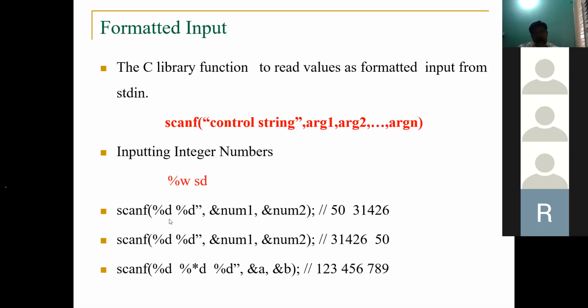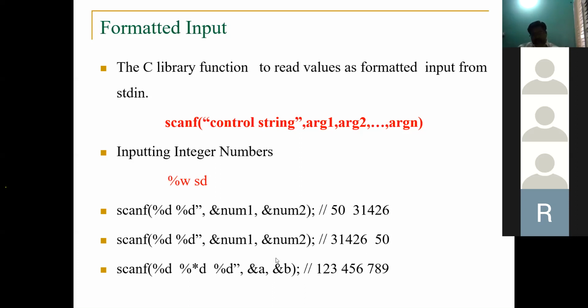The first scanf statement, we have %d, ampersand num1, num2. So I'm giving the input as 30 and 31, 426 as inputs to num1 and num2. It takes it, no issues with that.